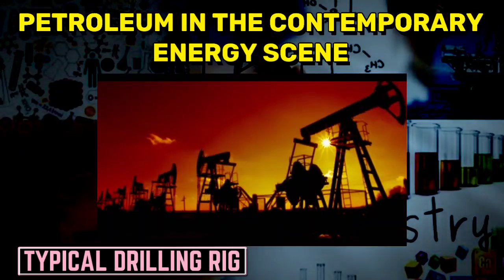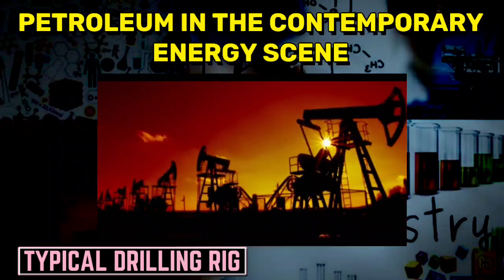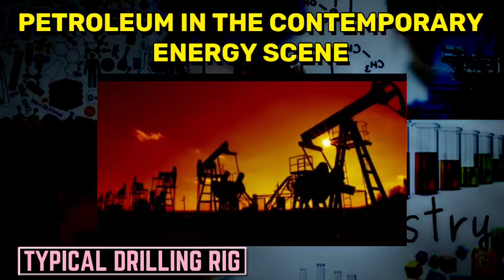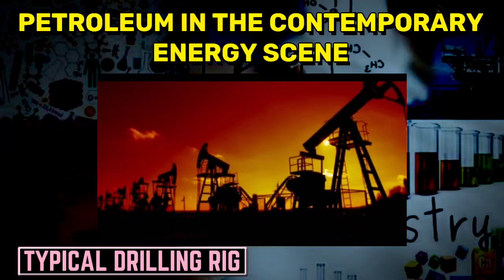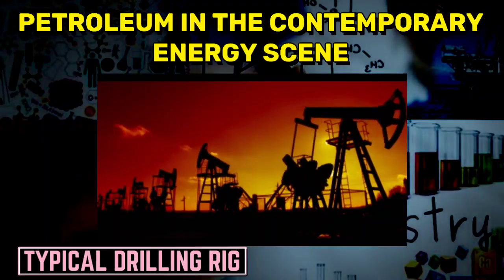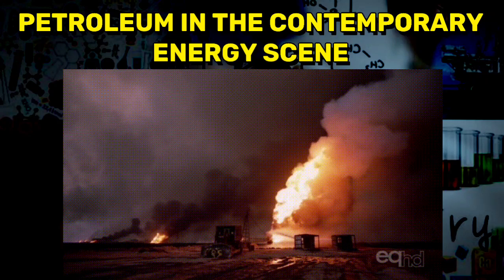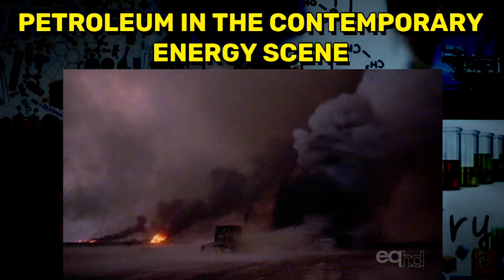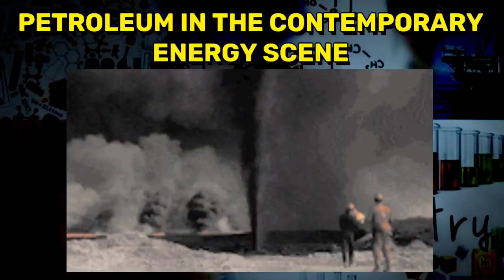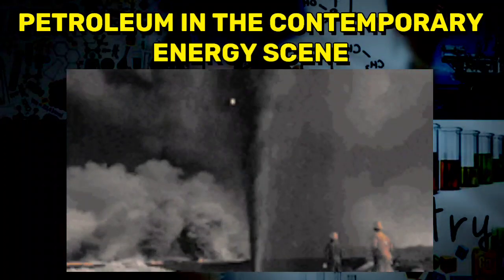Its use is actually becoming increasingly controversial due to its negative impact on the environment and on the climate at large. We know that petroleum is in the form of crude oil. We should be able to differentiate between petroleum, crude oil, and natural gas. They are all fuels.